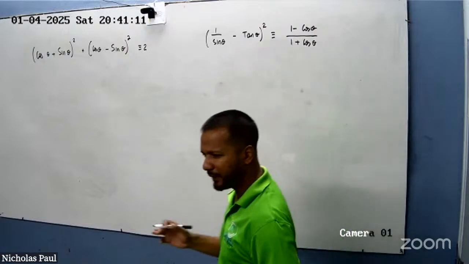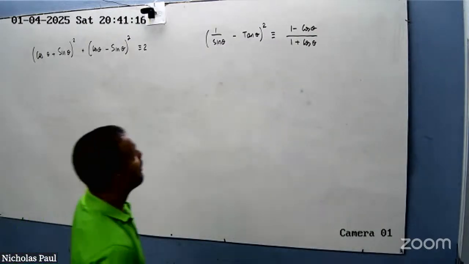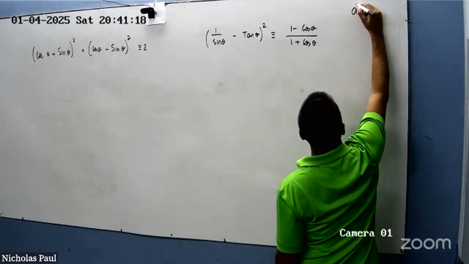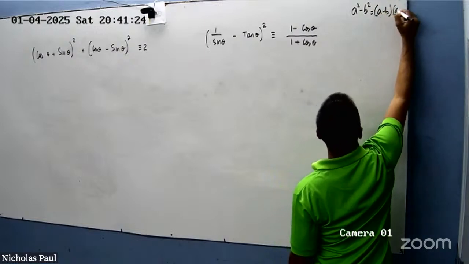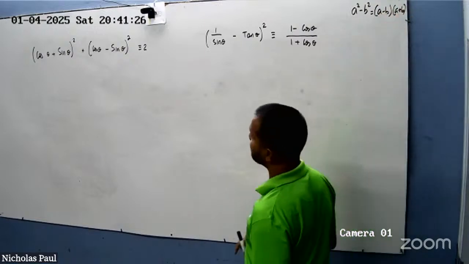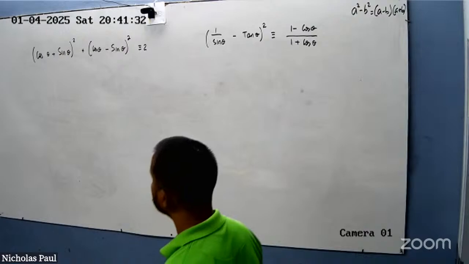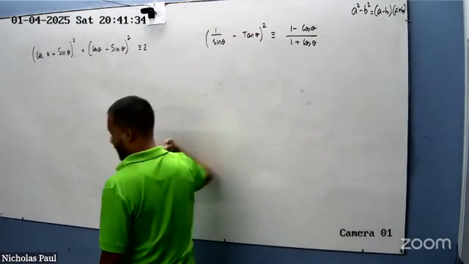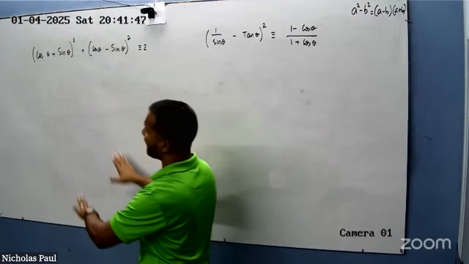Please remember little things like the difference of two squares: a squared minus b squared is equal to a minus b times a plus b. Things like this are sometimes needed. Take your time, simplify inside here, and then expand it out and you'll be good.